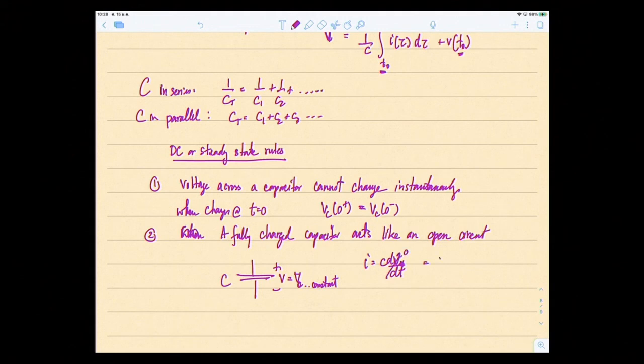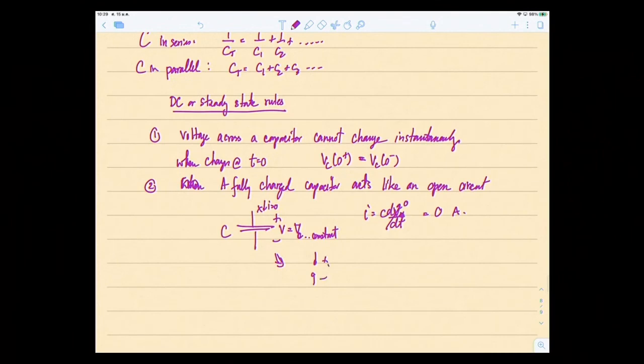So therefore, I is equal to 0 amps. There's no current, so it acts like an open circuit. So these are the two rules that you have to remember.